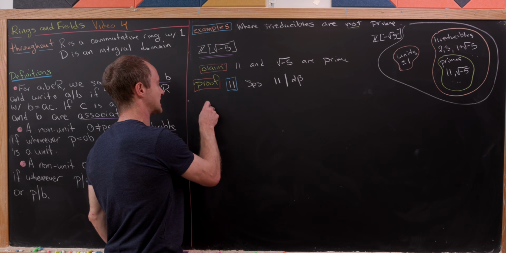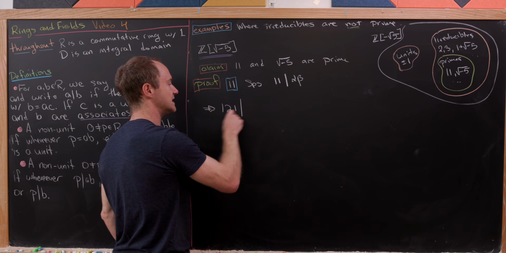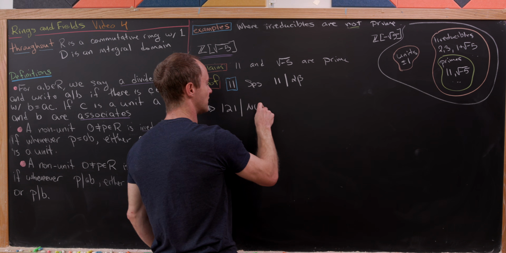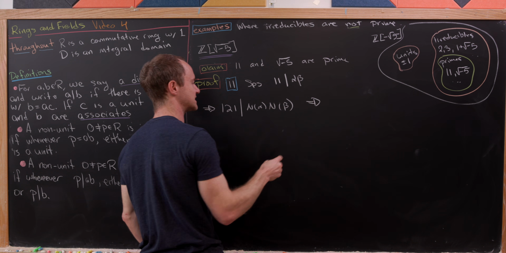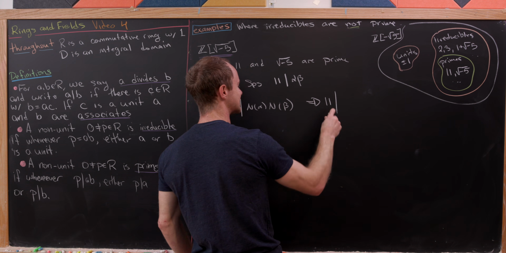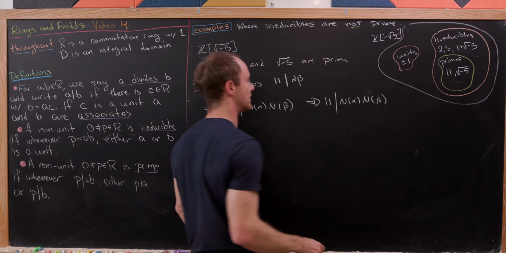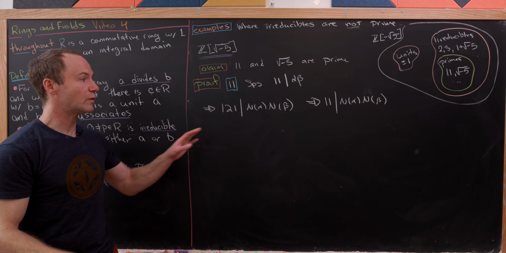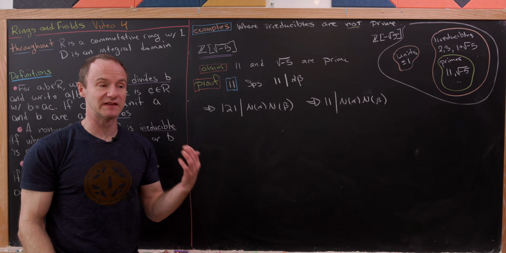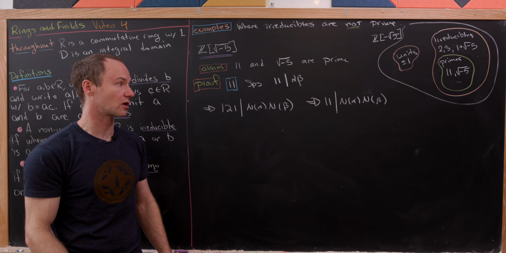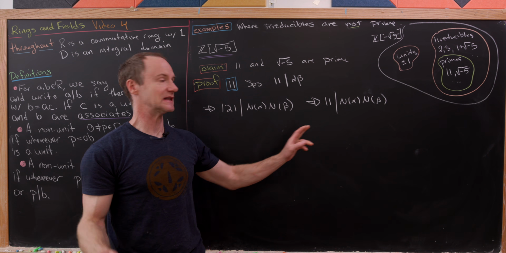But observe, by taking the norm of this, we see that 121 divides the norm of alpha times the norm of beta. But 121 is 11 squared, so that really means that 11 divides the norm of alpha times the norm of beta. Now we know that this equation is happening within the integers, and in the integers, irreducibles are prime. So, or in fact, I guess we just really need that 11 is prime.